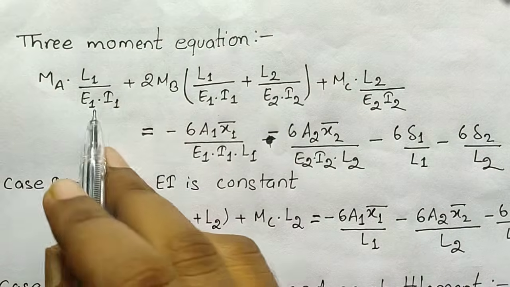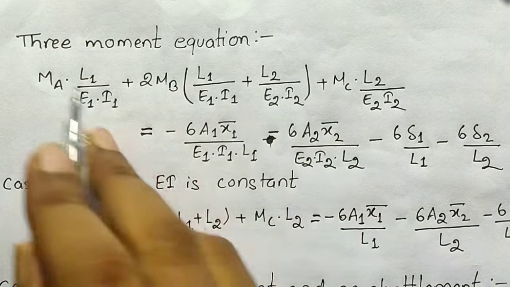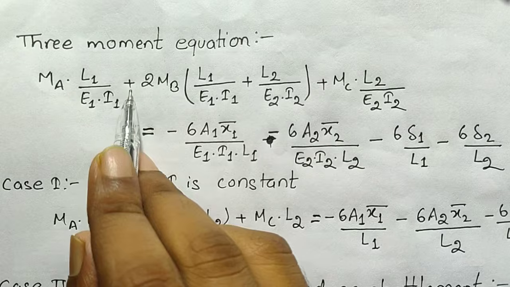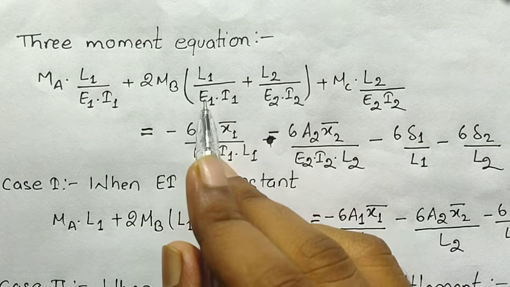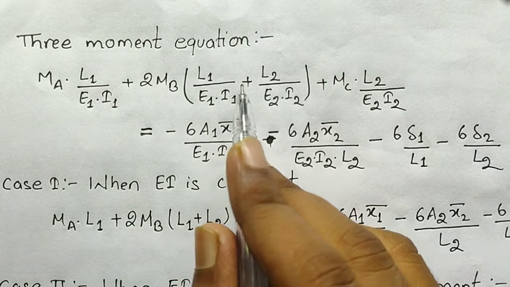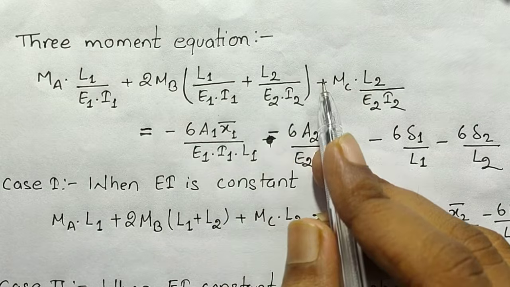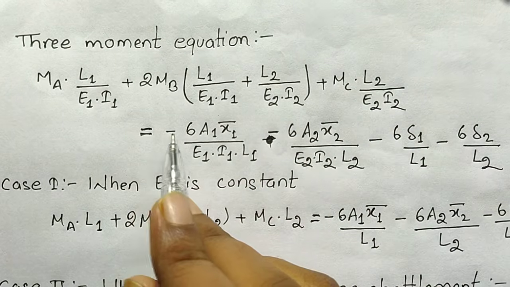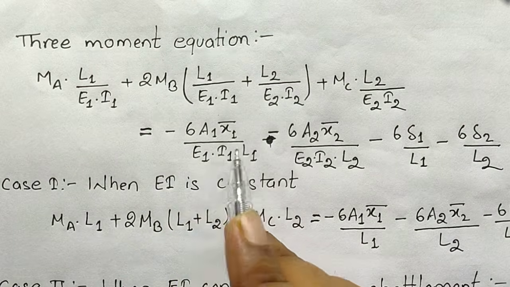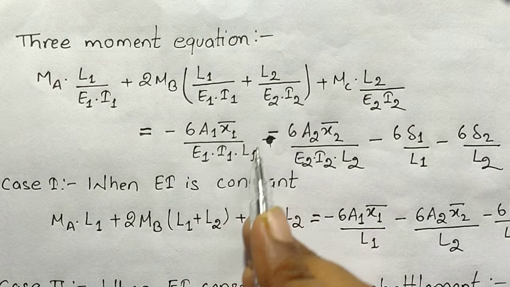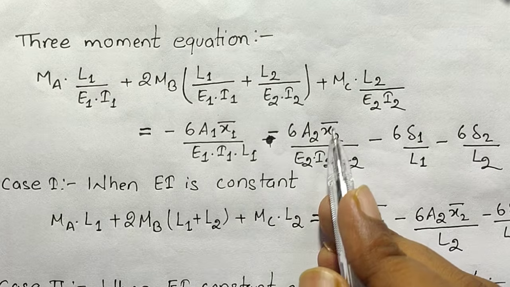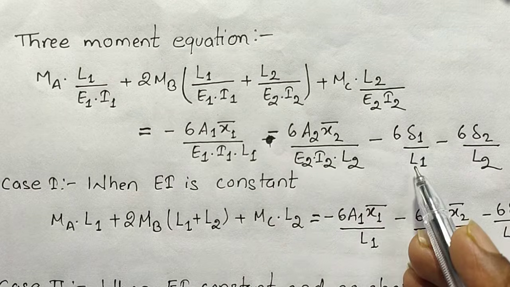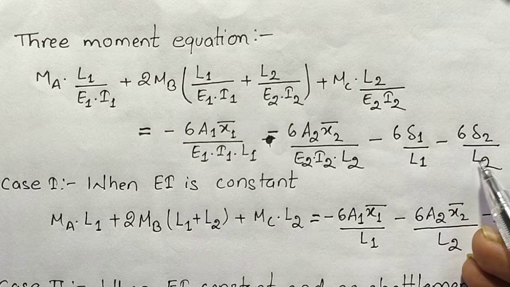So here is the general three moment equation, that is MA times L1 by E1 I1 plus 2MB times (L1 by E1 I1 plus L2 by E2 I2) plus MC times L2 by E2 I2 equals minus 6A1 X1 bar by E1 I1 times L1 minus 6A2 X2 bar by E2 I2 times L2 minus 6 delta 1 by L1 minus 6 delta 2 by L2.